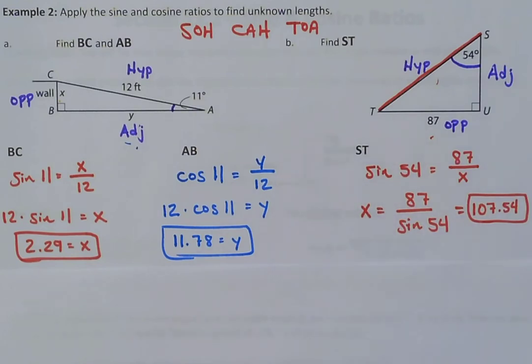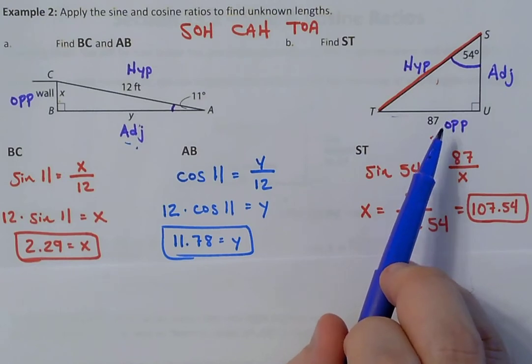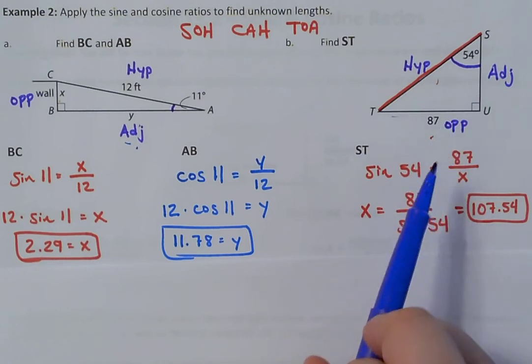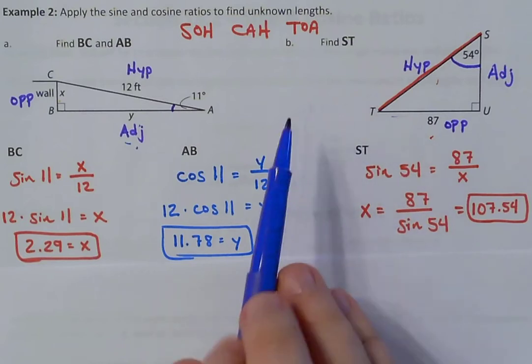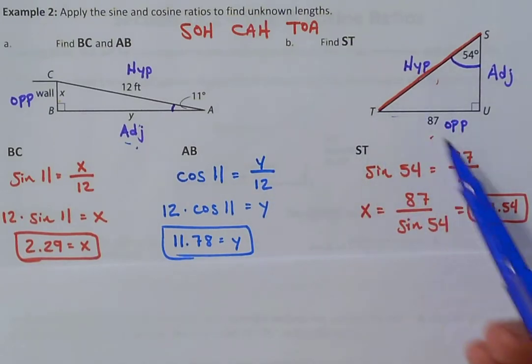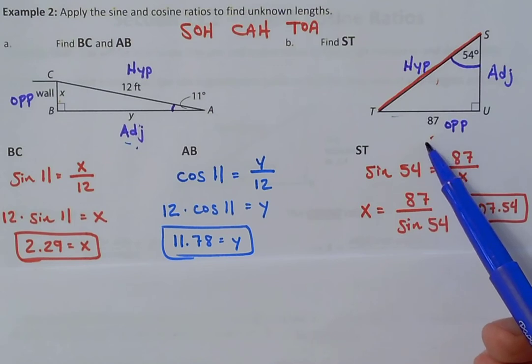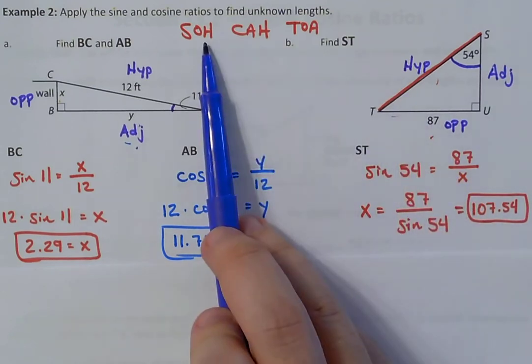Once you have identified your opposite, adjacent, and hypotenuse side lengths, the next thing you need to do is look at what side length measure they tell you. Is that your opposite, adjacent, or hypotenuse? And then use whatever side length they want you to find. So in this case it was the hypotenuse, and they told me my opposite. So that means I need to use the trig ratio that uses O and H, and that tells me sine.